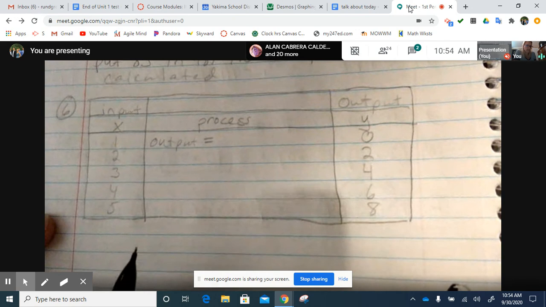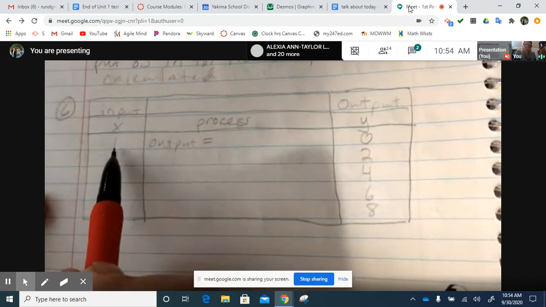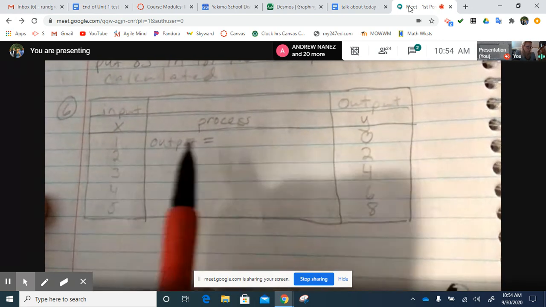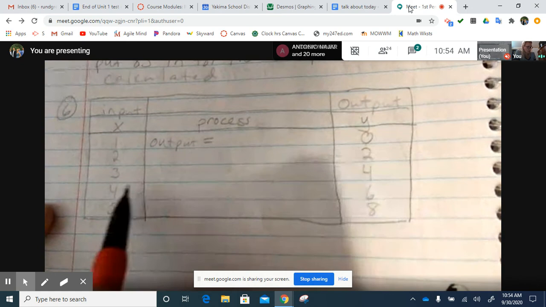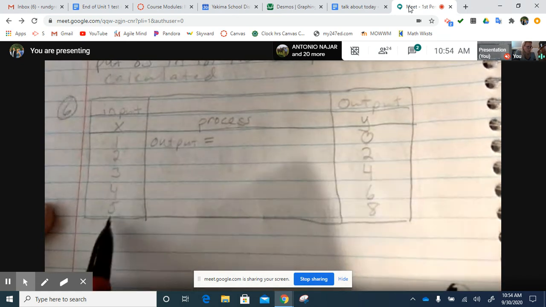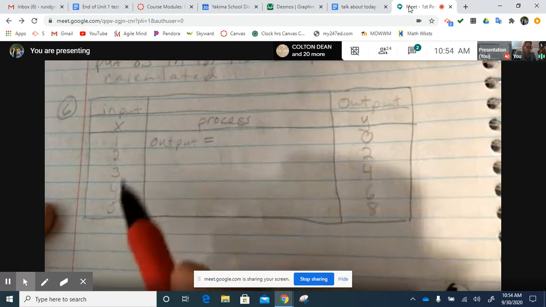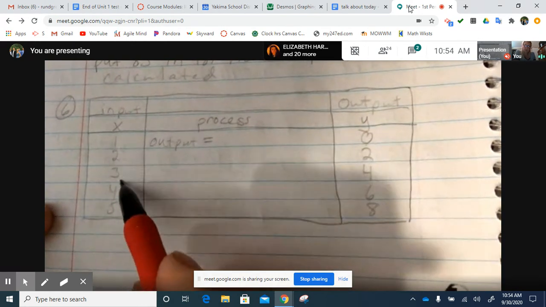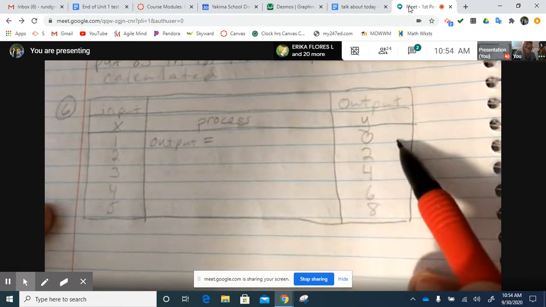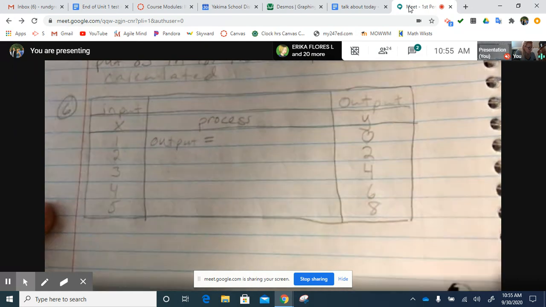And this is going to show right here how we get from 1 to 0, how we get from 2 to 2, how we get from 3 to 4, from 4 to 6, and 5 to 8. So it looks like we are counting up by ones over here, and then counting up by twos over here.